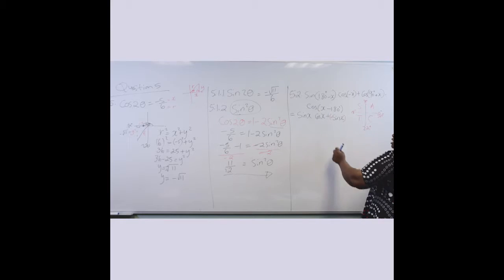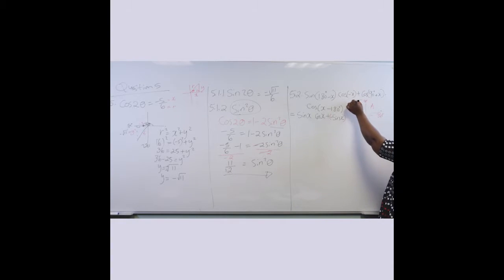And now, look at the last one. That is cos of x minus 180. We are used to 180 plus, 180 minus. But we can break that because it's just what we are used to. We can still make something out of it. Let's see. If I have x minus 180 and then I rearrange it, I'll have negative 180 plus x.